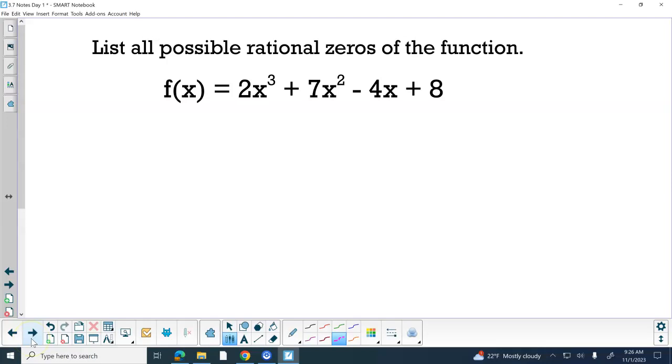Now you find me the list of all the possible zeros for this function. Not all the zeros. I'm not looking for 3 zeros here. I'm looking for the list of all of the possible ones.